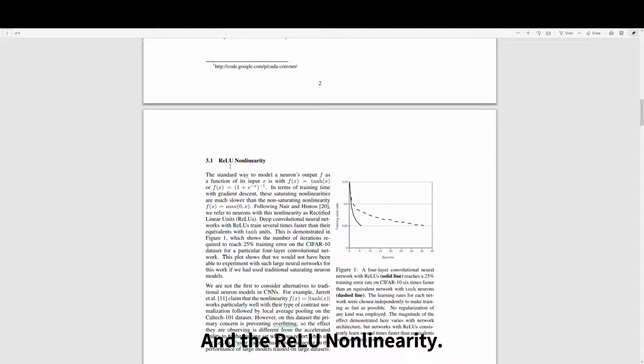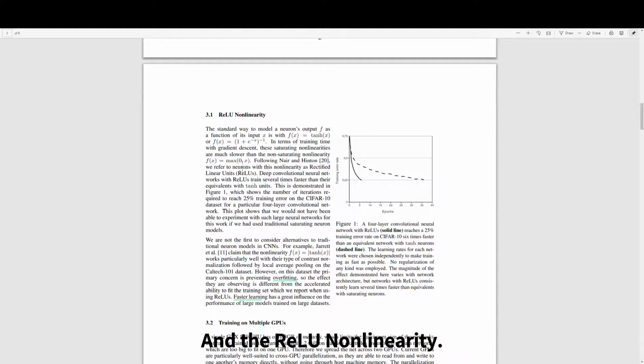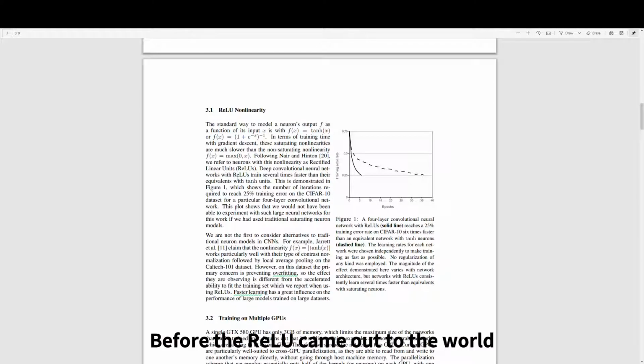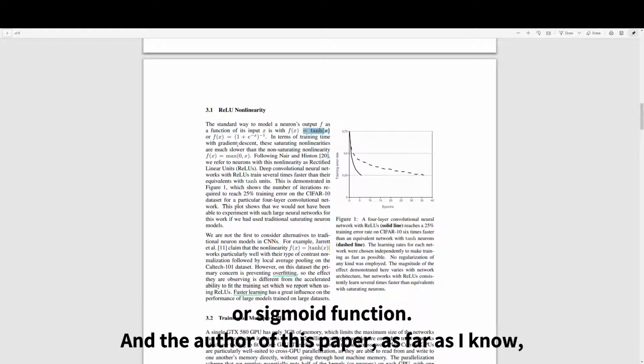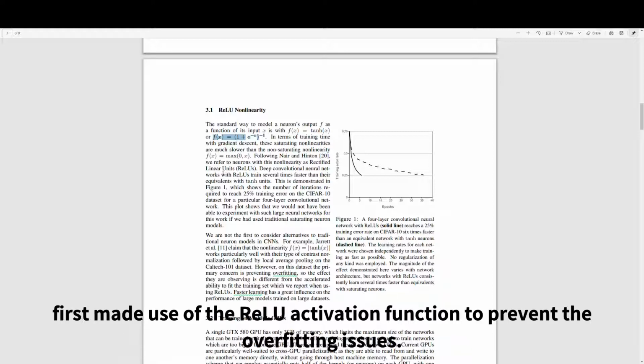ReLU non-linearity. Before ReLU came out to the world, the activation functions were usually the hyperbolic tangent function or the sigmoid function. The authors of this paper, as far as I know, first made use of the ReLU activation function.